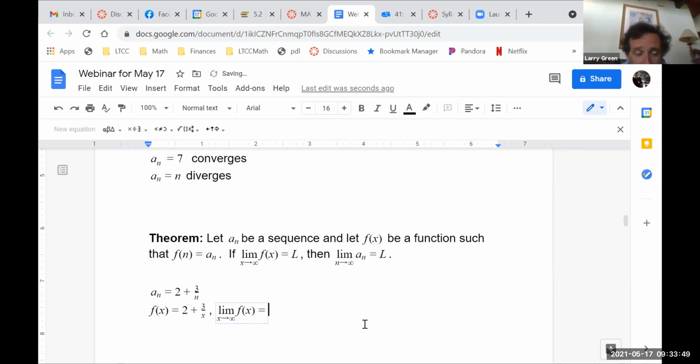The limit as x goes to infinity of f of x is 2, because 3 over infinity goes to 0, and 2 plus 0 is 2.